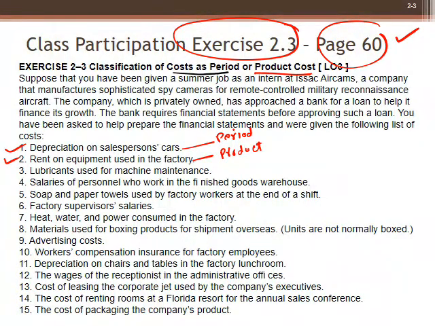Lubricants used for machine maintenance: if your answer is product cost, then you are in good shape. Why? Again, because product costs include direct labor, direct material, and manufacturing overhead.